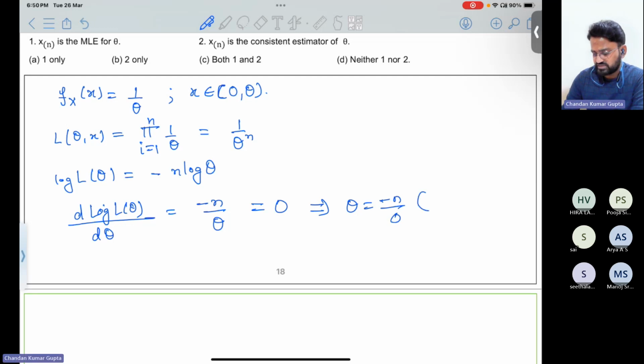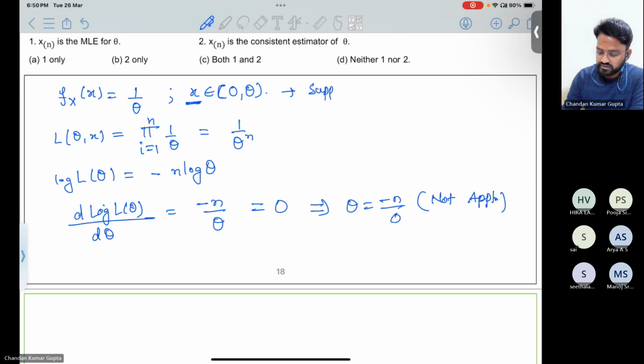So this is not applicable, because with the help of the usual MLE method, we are not able to find the MLE, because here the support of x depends on theta. And in the usual method, the assumption is that the support is independent of the parameter.